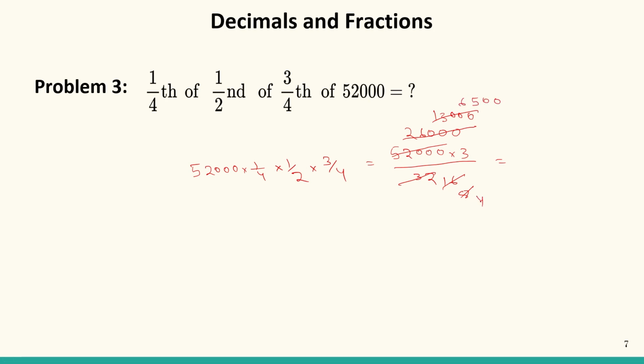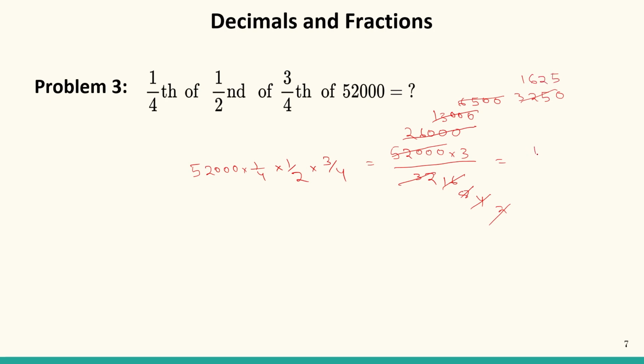And this becomes 4, and if we further divide it, we are left with 3,250, and here with 2, and then if we further divide it, we are left with 32. So 1625, this is what we are left with.